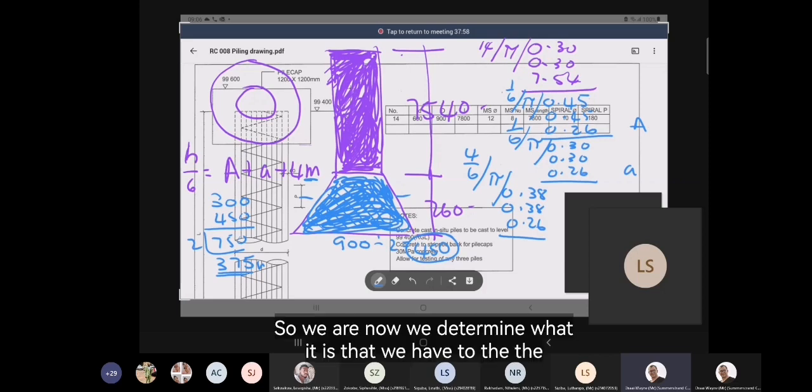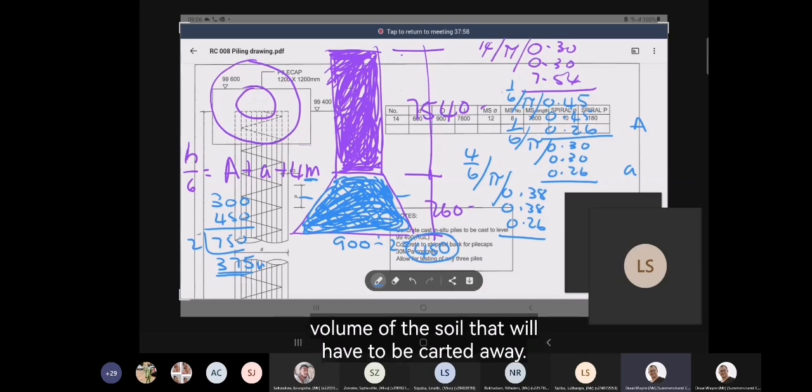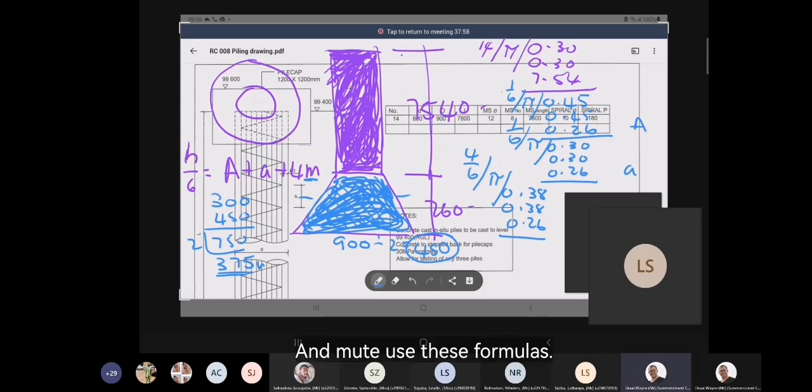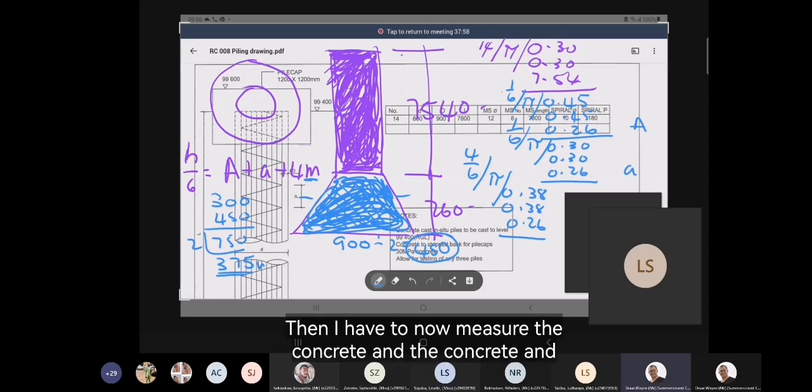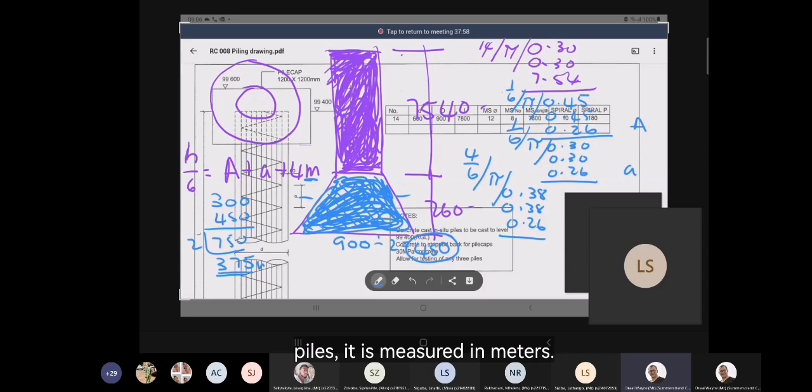So we have now determined the volume of the soil that will have to be carted away, and we would use these formulas. Then I have to now measure the concrete, and the concrete standard system tells me that in measuring the concrete in my piles, it is measured in meters.